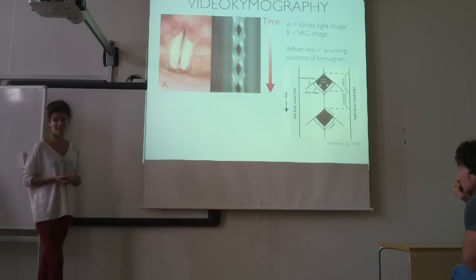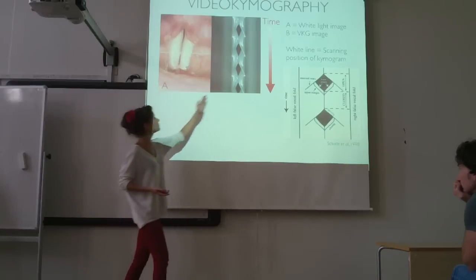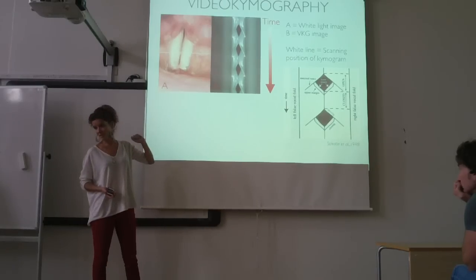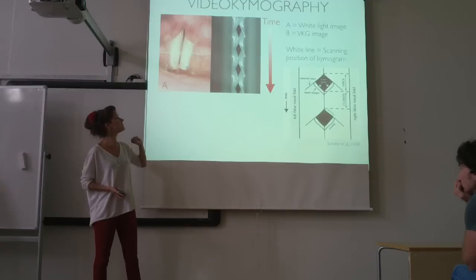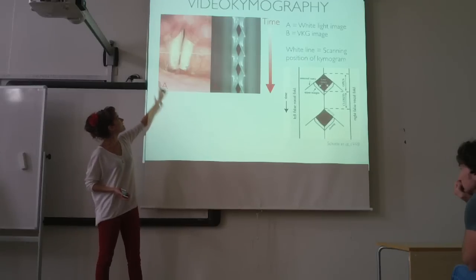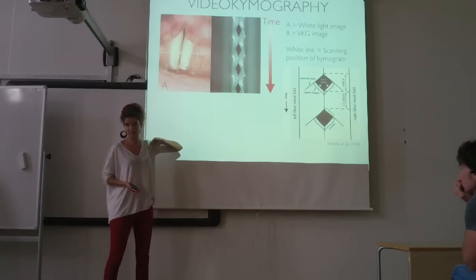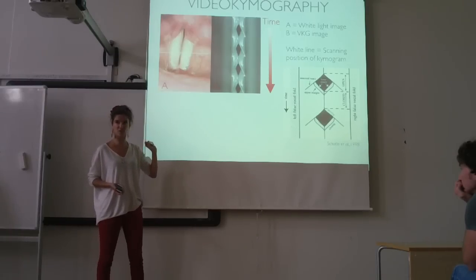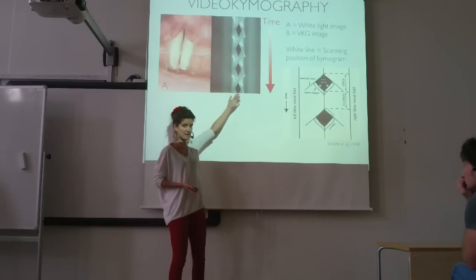This is a very important image to explain to you how you should look at videokymography. The camera divides the image into 2 parts. The left part, A, you see the white light image as we are used to looking at these images. You can select a white line of 1 pixel, which is digitally written down 7,200 times per second on the right side.